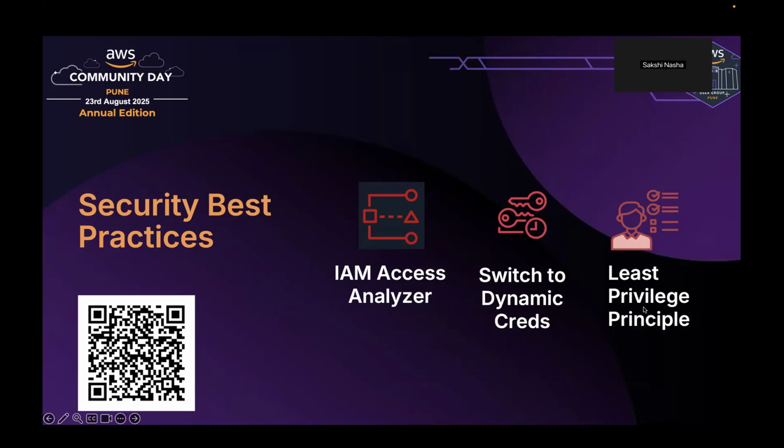And obviously, the least privilege principle: never give over permissive permissions to any user, and give users the bare minimum permissions that they need. These are my recommendations to follow for security best practices.